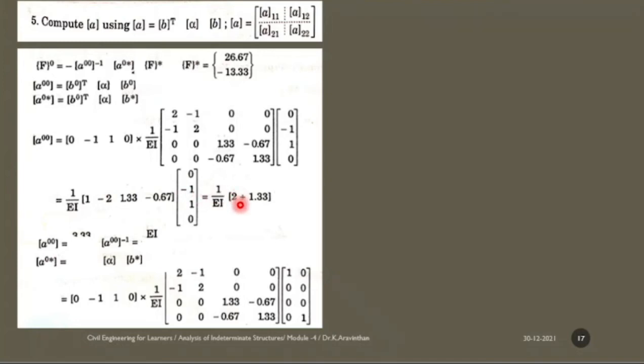So plus 2 will be here, 1.33 into 1 will be plus 1.33 and the final component is 0.67 into 0. So that you cannot take, you have 2 plus 1.33, that is the answer of 3.33, which is A naught naught is 3.33 divided by EI.